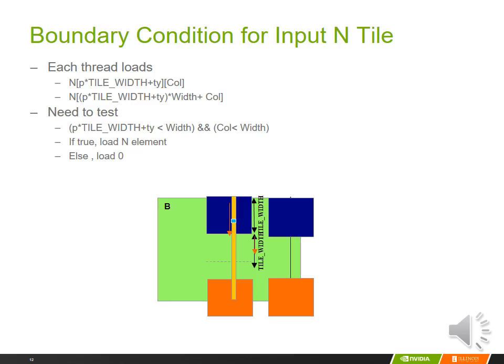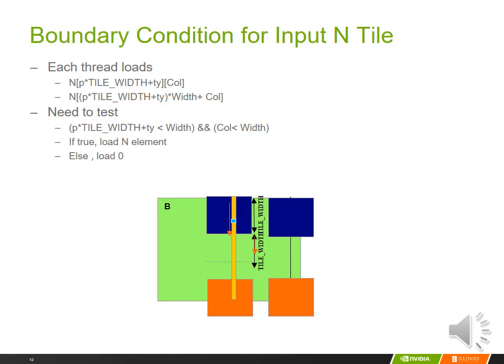Similarly, when we load the input N tile, we can see that the equivalent 2D index for loading the N element will be p times tile width plus ty for the y direction and col for the x direction.